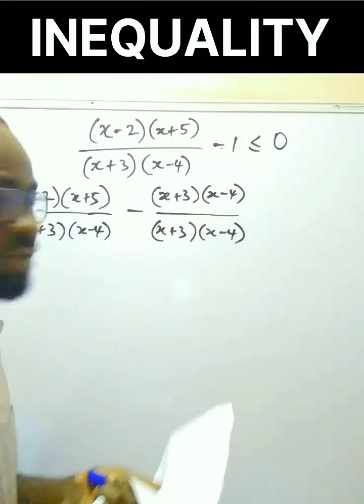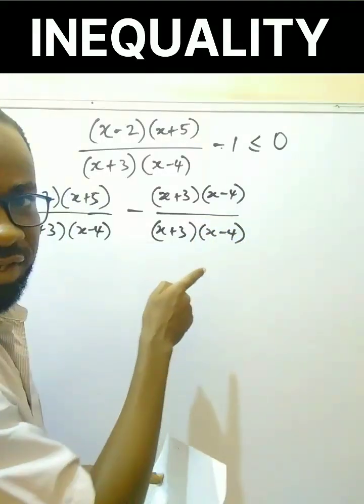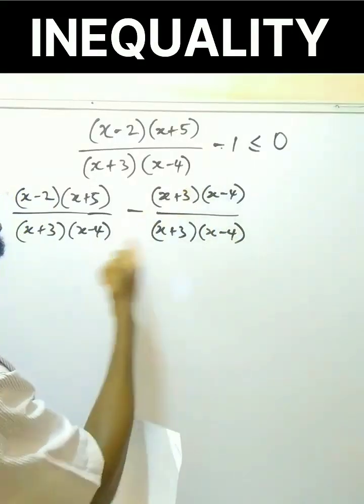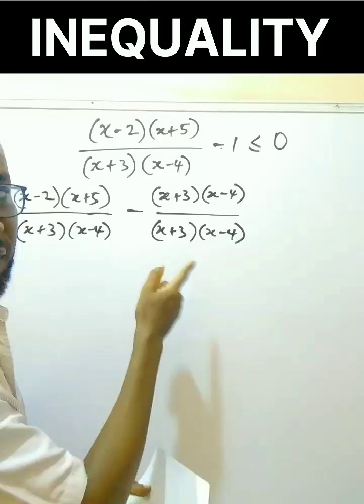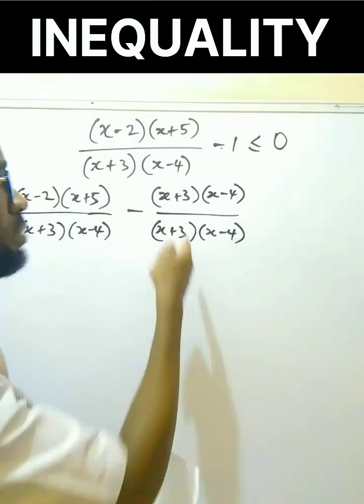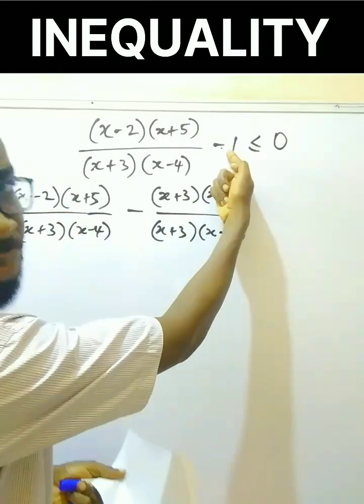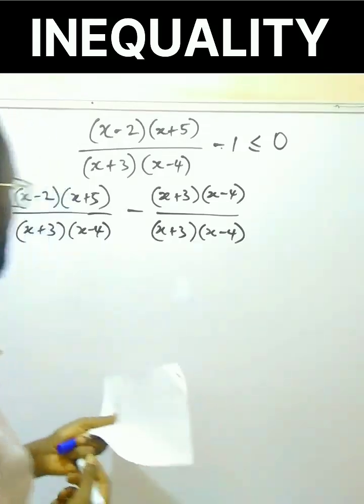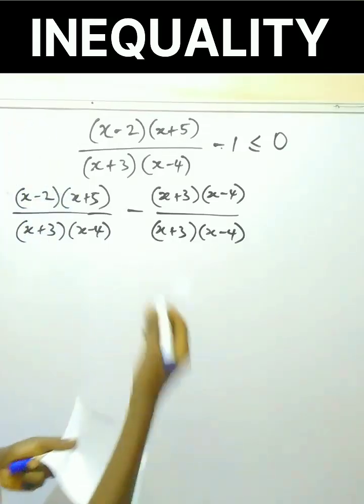Now why did I do this? I did this because I want the denominators to be the same so that we can easily get the LCM. Remember, if this cancels this, that still gives us back 1. So that's the essence of me doing that. Okay, so let's go now.